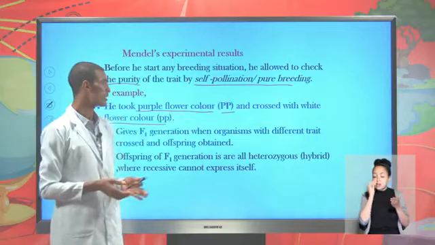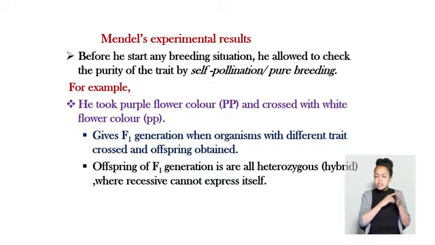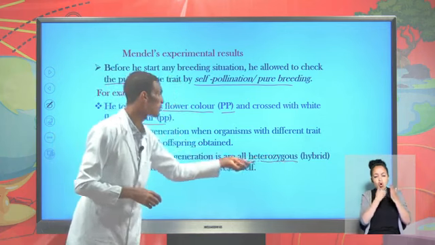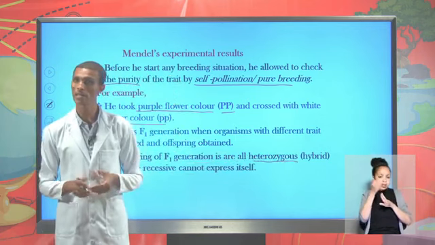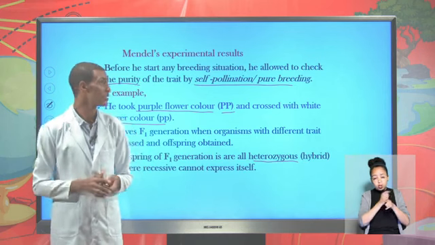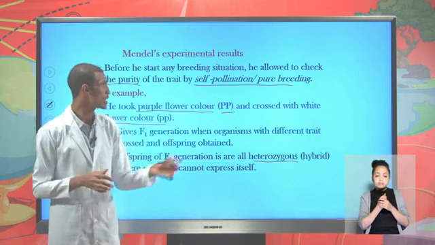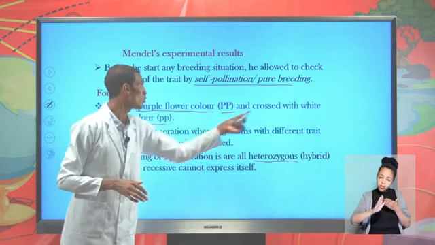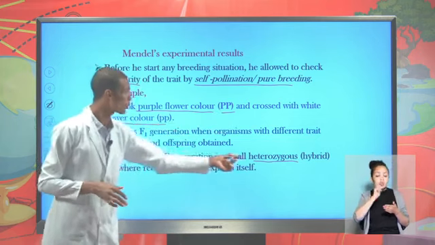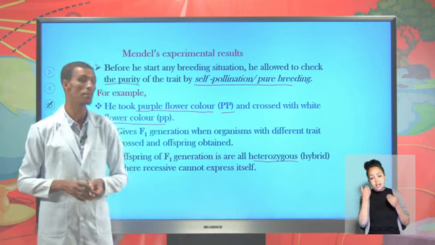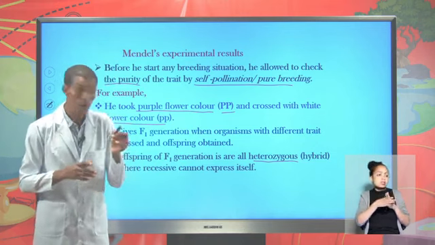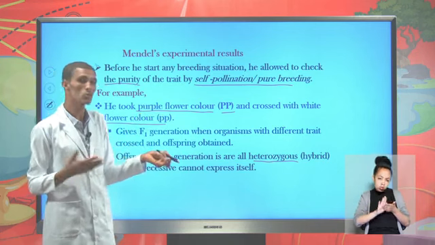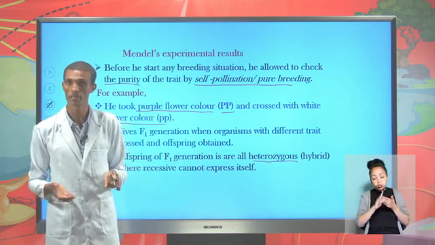After he crossed these, all offspring obtained were heterozygous or hybrid, as a result of self-pollination. He crossed pure purple flower with pure white flower, but obtained heterozygous or hybrid. He wanted to understand whether the character is pure or not, but it is not pure. It is hybrid.